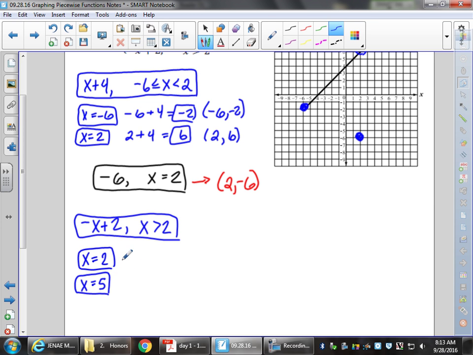Why not? Sure. If you're still color coding, that is technically a piece of the piecewise. Yep. That single point is what she's asking about.